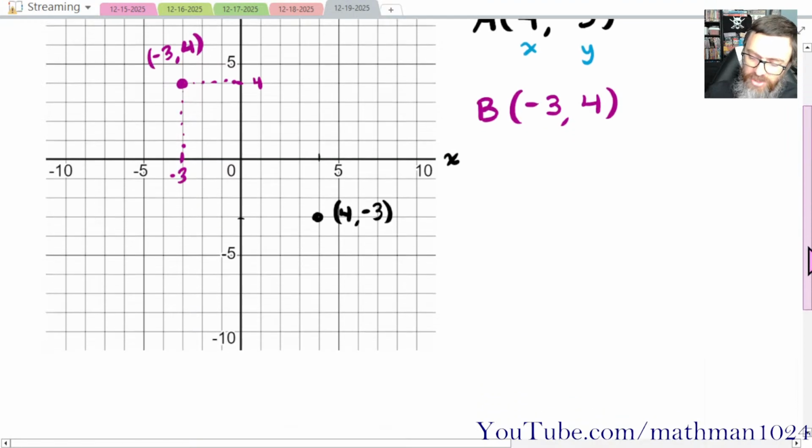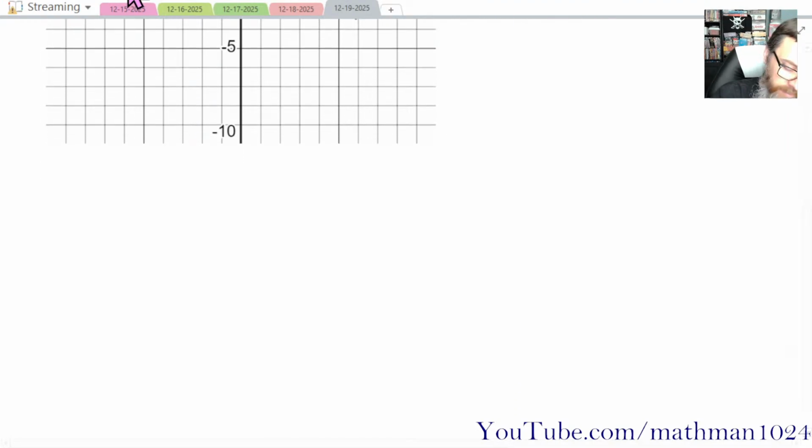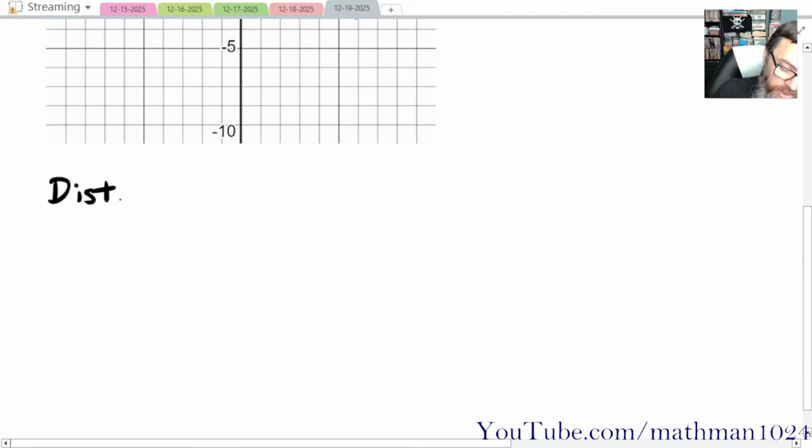Now, one of the things that we talk about, and again, hopefully, if you're my students, you've watched the lecture videos, so you have a good sense of what's going on. With 2 points, we oftentimes want to talk about what is the distance between 2 points. So the distance formula is, well, there's a couple of ways of writing it.